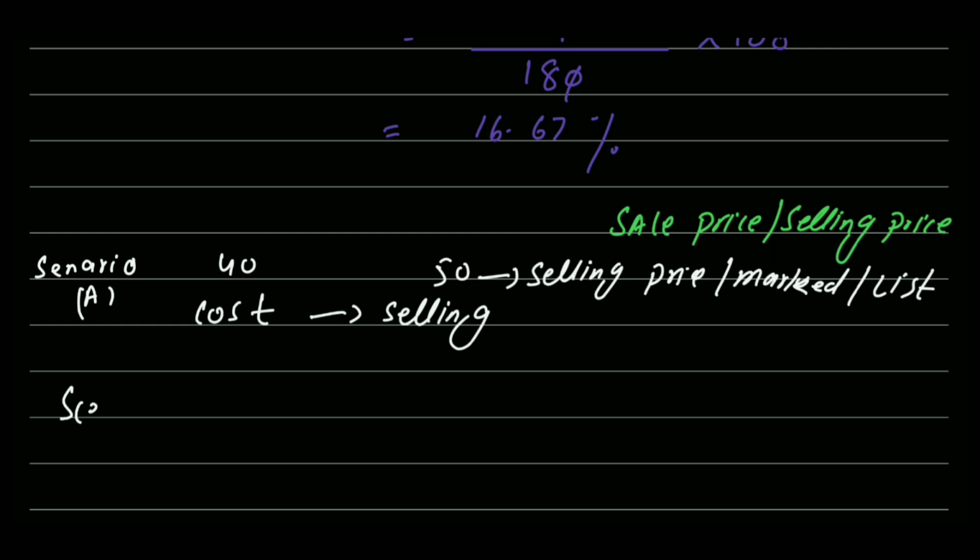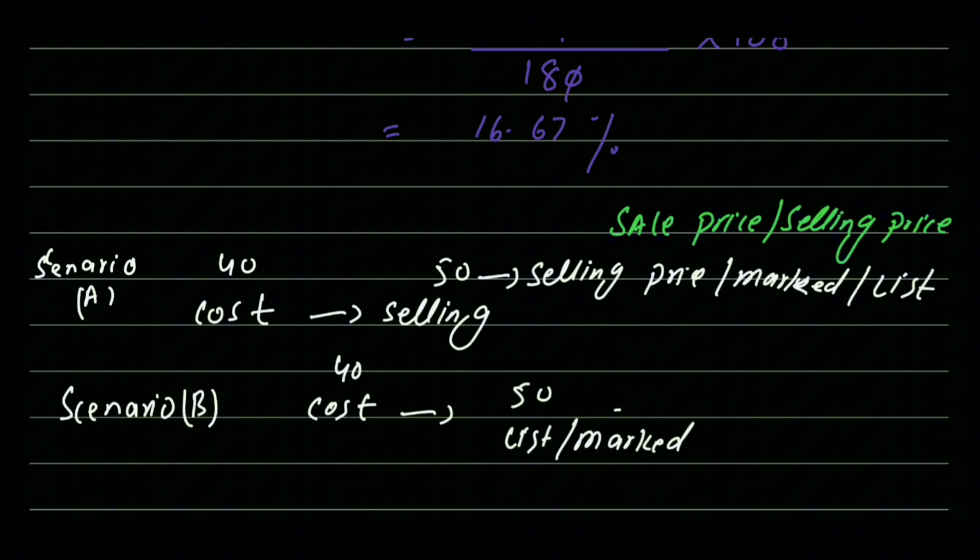In scenario B, cost price is 40, 50 is your list price or marked price. After that, the last will be your sale price, which will be 45.